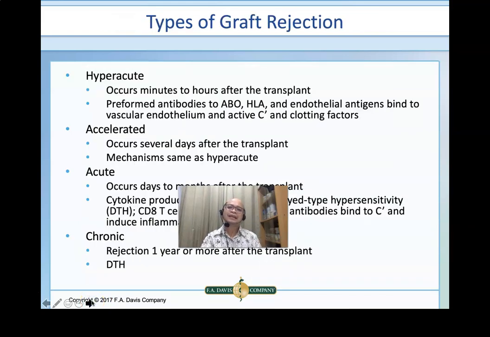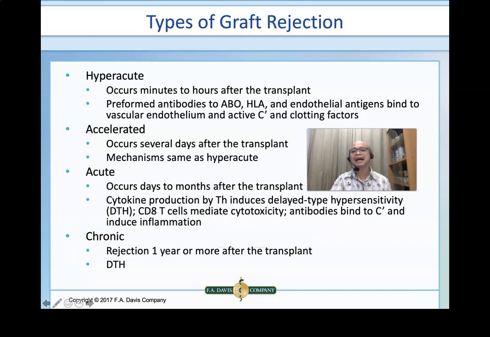So what are the different forms of graft rejection? Graft rejection could be hyperacute. When you say hyperacute, it occurs within minutes up to several hours after transplant. It is due to preformed antibodies to ABO.